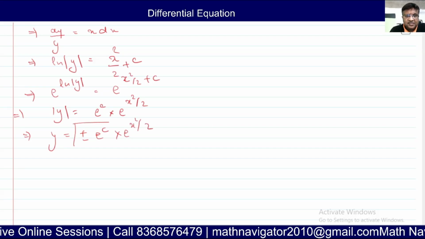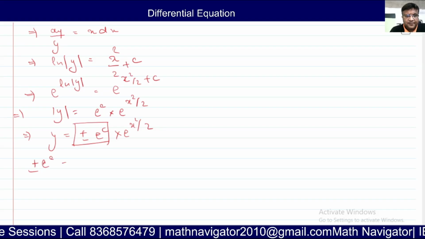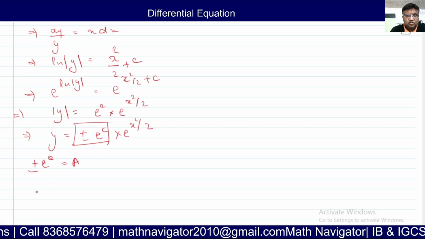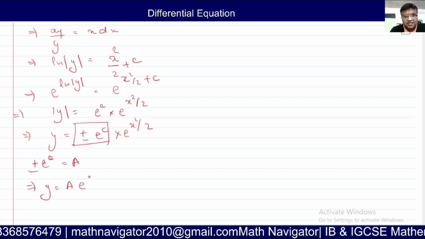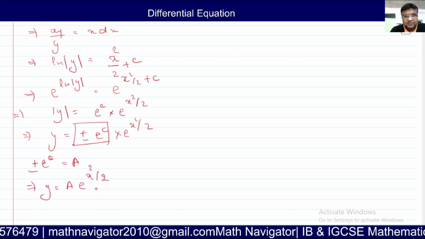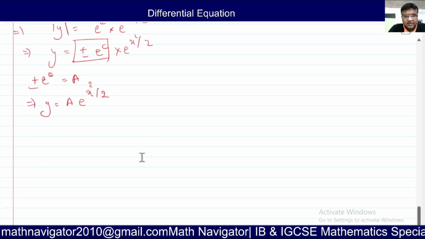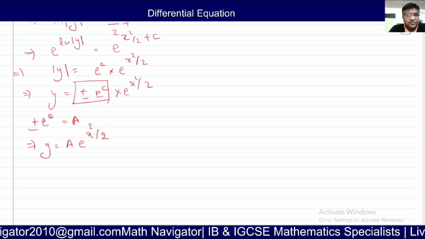This thing is a constant, so I'm giving it a name a. So plus minus e raised to the power c is equal to a. It implies y is equal to a e raised to the power x squared by 2. Got it? Right. So now this is my answer.